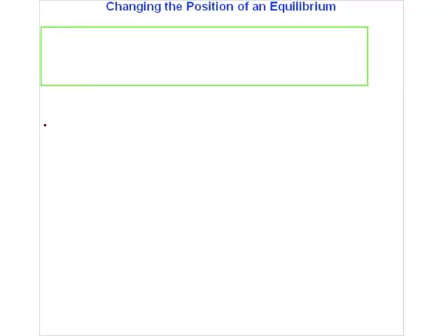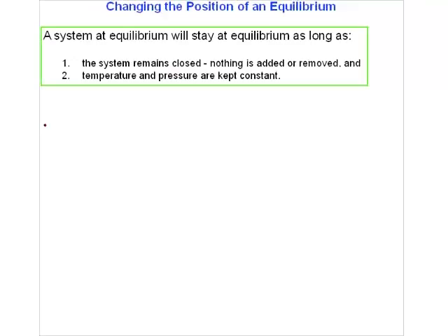So the question comes up, how can we change the position of an equilibrium system? Once a system is at a state of balance, how do we go about upsetting the balance so that the system has to come up with a new balance? As long as the system is in a closed container, and nothing is added and nothing is removed, it's not going to want to shift.